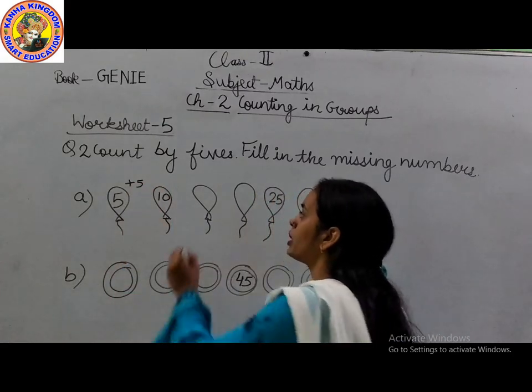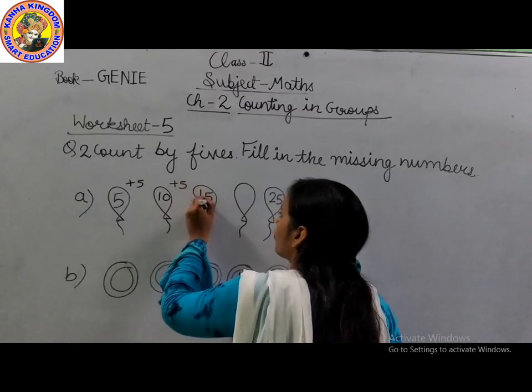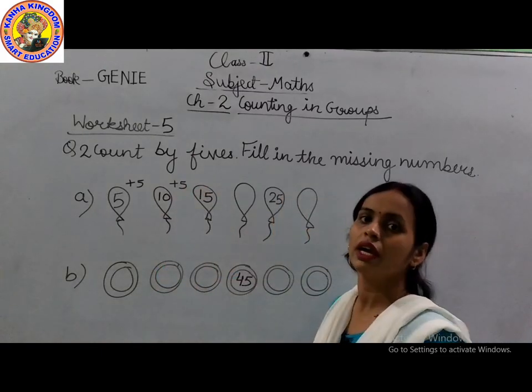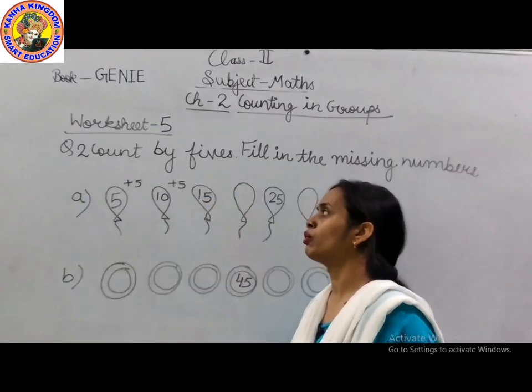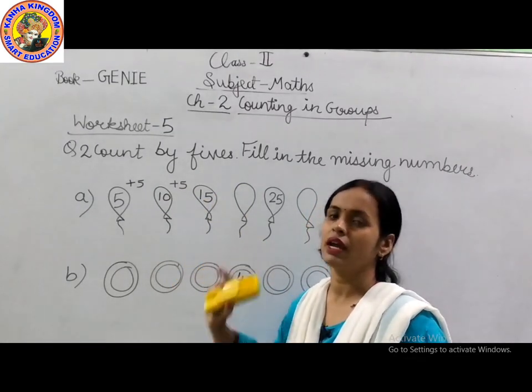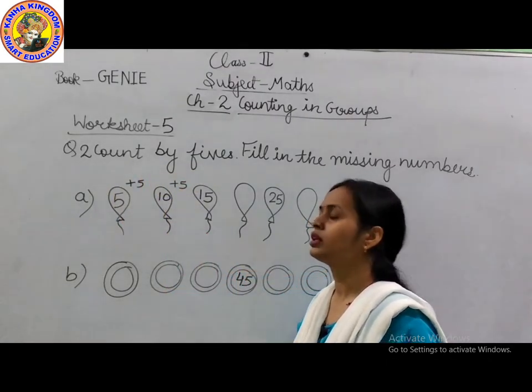Now, 10 plus 5, 15. Okay? Count by 5 means we have to skip by 5 or plus 5 to the given number.